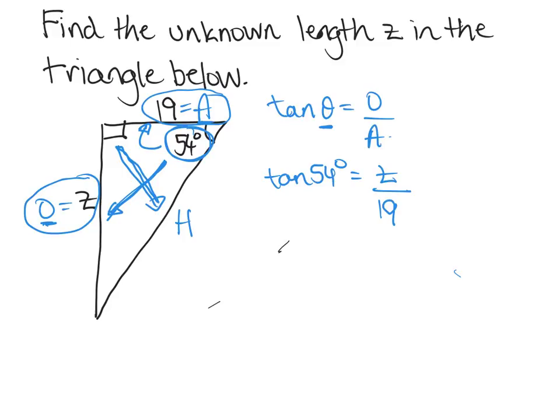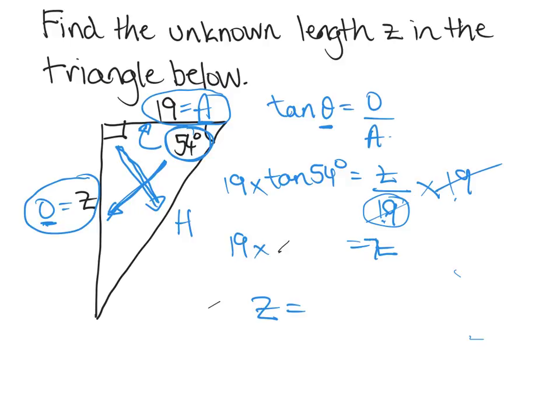How do I undo this division by 19 so I can get z on its own? If I multiply by 19 on both sides, dividing by 19 and multiplying by 19 cancel each other out, and that leaves z on its own. Now I have 19 times tan of 54, and I can plug that right into my graphic calculator: 19 times tan of 54 is equal to 26.151256.